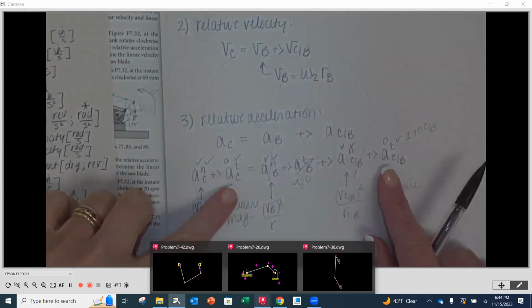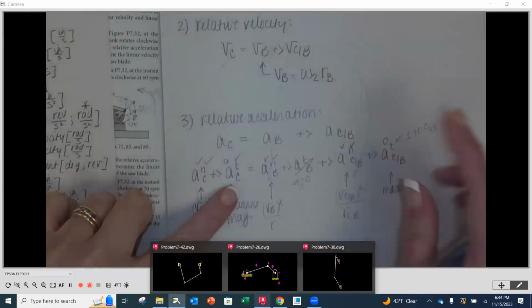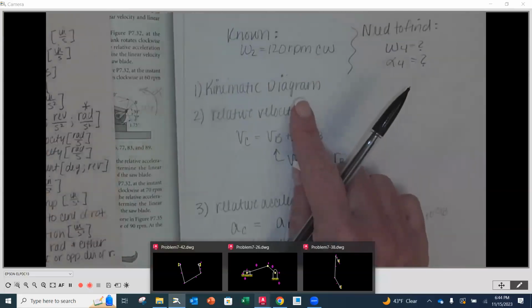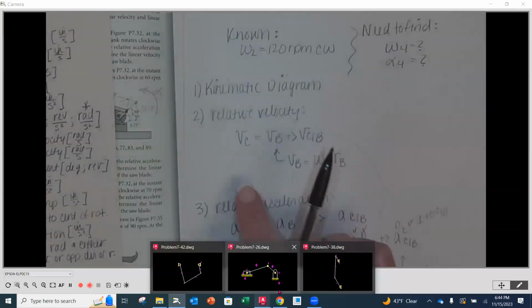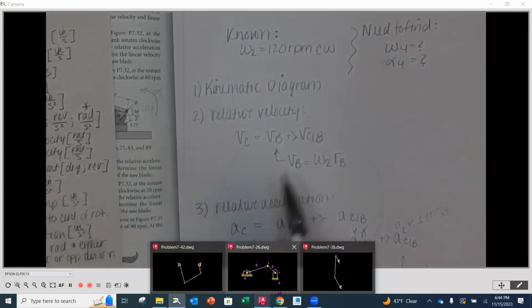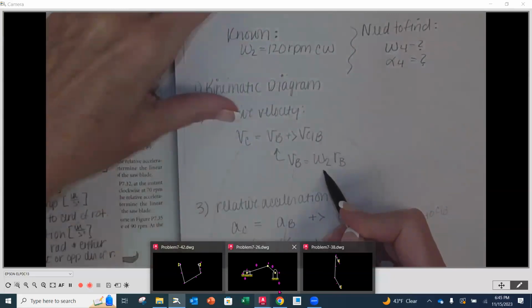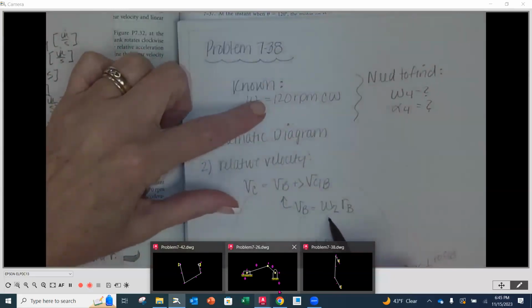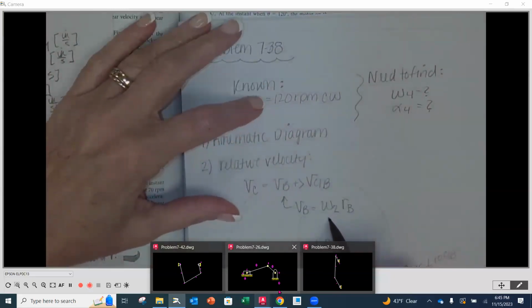All right. So using the kinematic diagram that we drew, let's now construct our vector equation for our velocity. But before we can, we've got to calculate our value for VB. To do that, I need to convert my 120 RPM into radians per second.